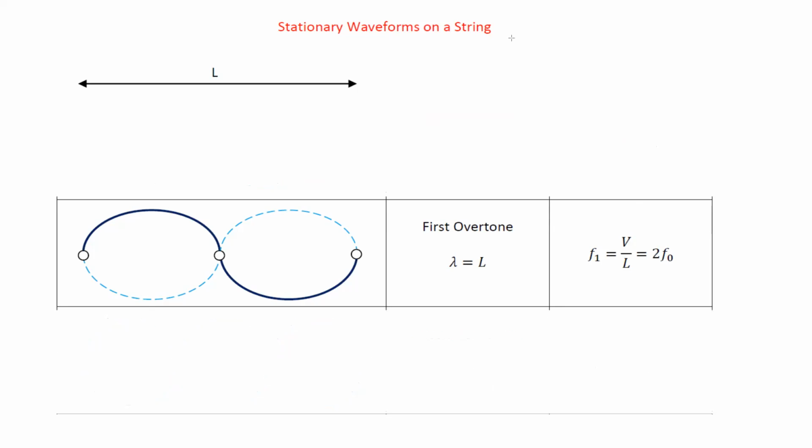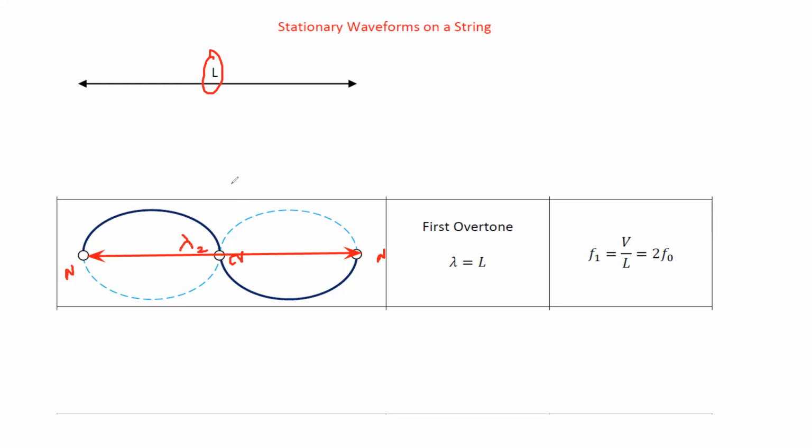So we want to derive a formula. First, what is the formula for wavelength? As you can see, this is node, node, and node. So the distance between three successive nodes is equal to lambda. But we say lambda 2.